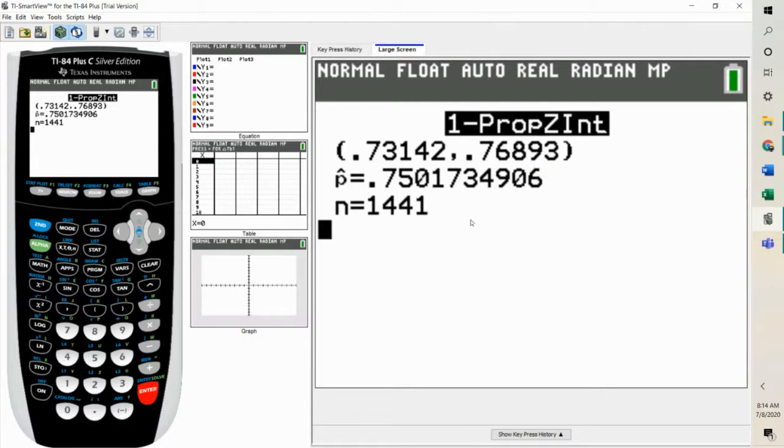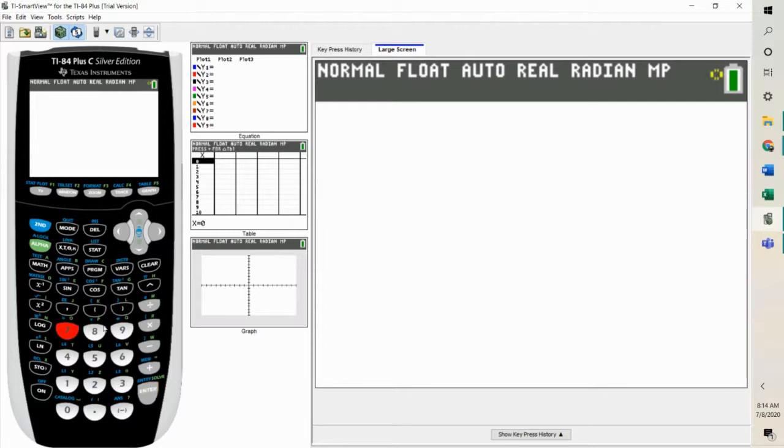Now to find your margin of error, you subtract them. So we would go 76 point, I forget what the values were, 98, I think.